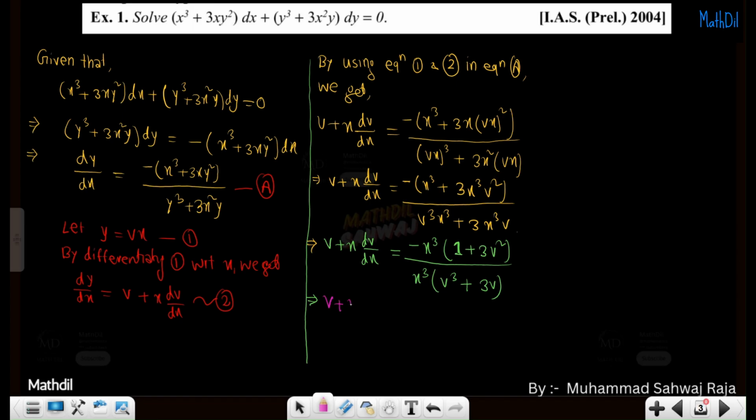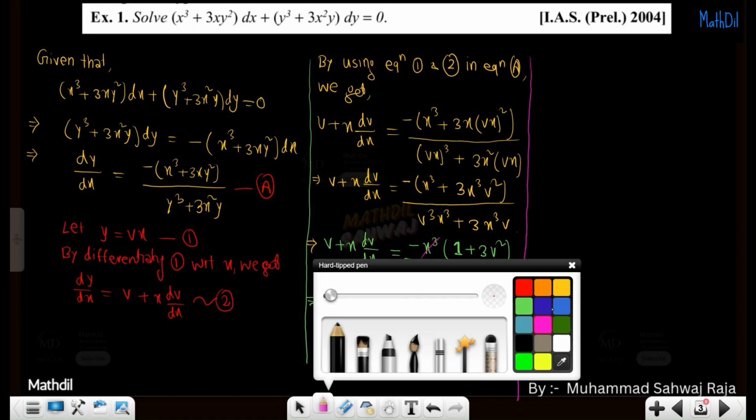So it will be v plus x dv by dx, sorry, d/dx of v, it will be equal to x cube cancelled, so it will be minus (1 plus 3v square) by (v cube plus 3v), right? So students, we get this one, right? So now what we have to do, can we simplify it further or not? Just check. So yes, we can. Take this v this side, okay? So it will be more simplified. So do it.